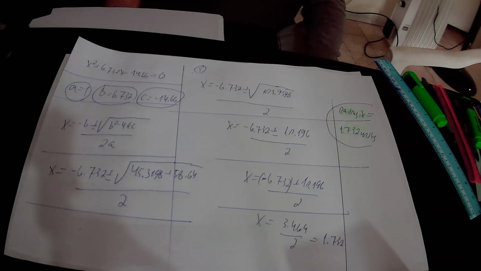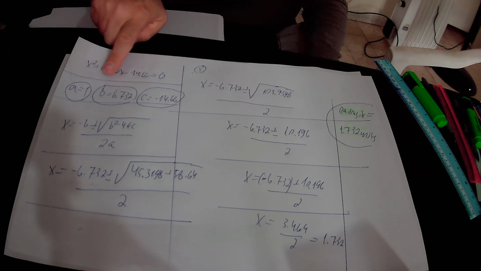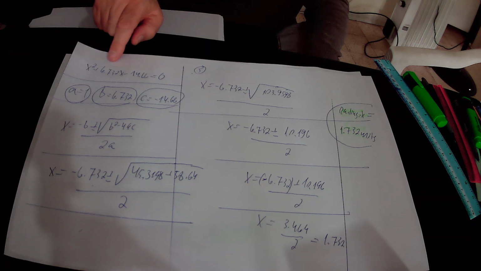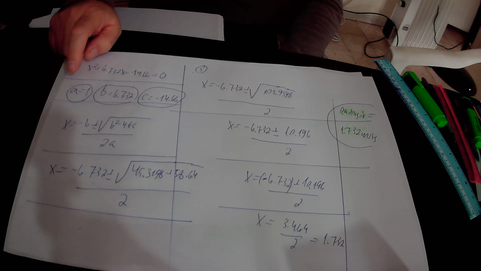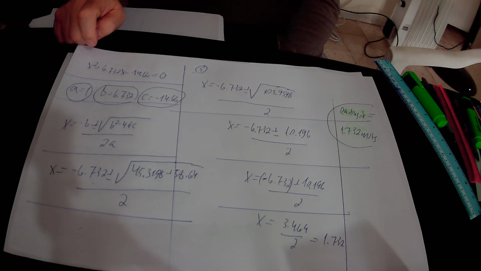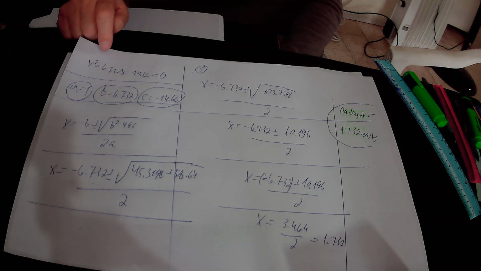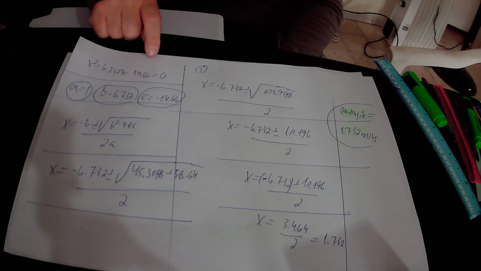So we just have to put the values of a, b, and c from our specific quadratic equation inside this general formula for x, in order to find the values of x for our specific quadratic equation.